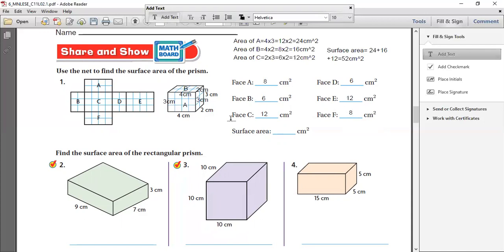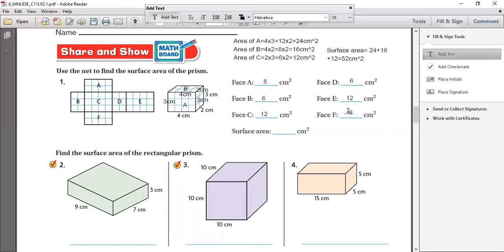Okay, so let's add them all up and check whether the answer we are going to get is the same. So you have to add all of this: 8 plus 6 plus 12 plus 6 plus 12 plus 8. Come on, add and say what's the answer. Quickly add them up, all the numbers. 8 plus 6 is 14. Then 6 again. So that's going to give you how much?